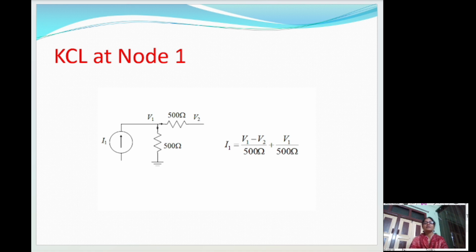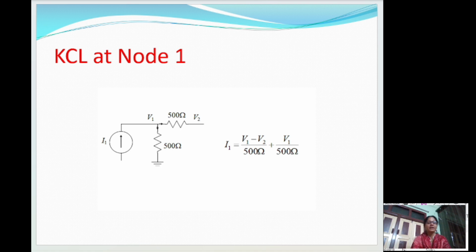KCL means the algebraic sum of all the currents meeting at a point will be equal to 0. As at node 1, I1 current entering and the another two currents leaving, that means I1 will be equal to the another two currents. So I1 will be equal to V1 minus V2 upon 500 plus V1 upon 500.